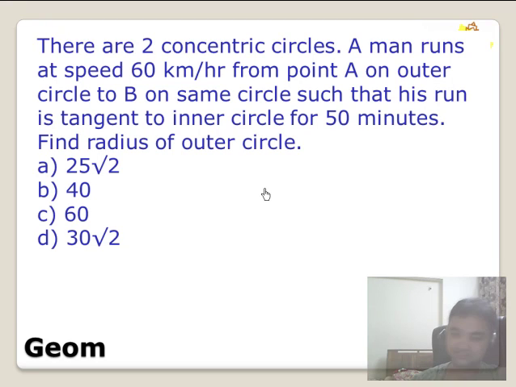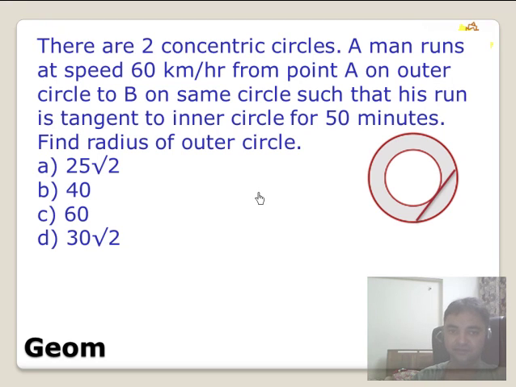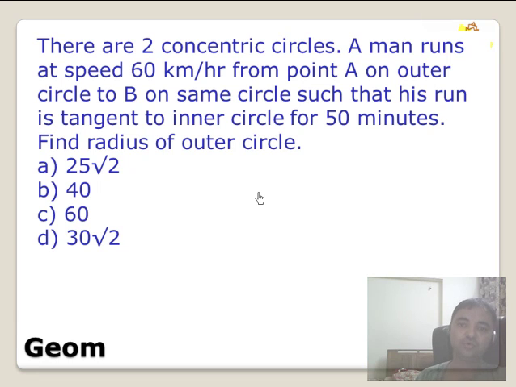Another CAT question. This is one of my favorite questions. Now let's try to do it yourself. There are two concentric circles. Now there will be one question almost every year from 2005 onward based on circles touching each other, concentric circles, or borderline cases.